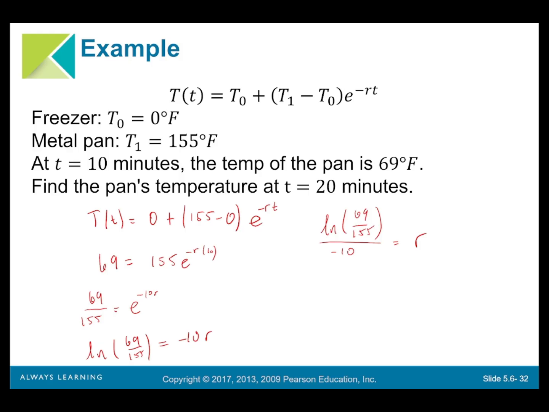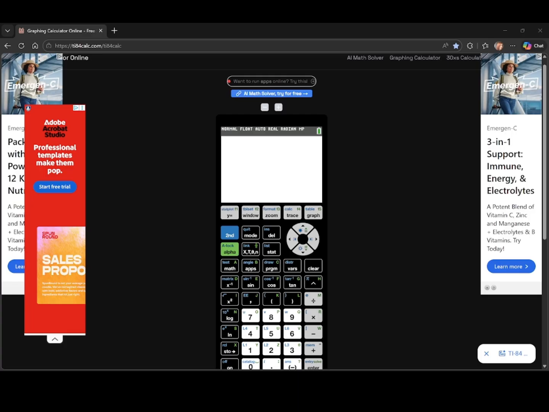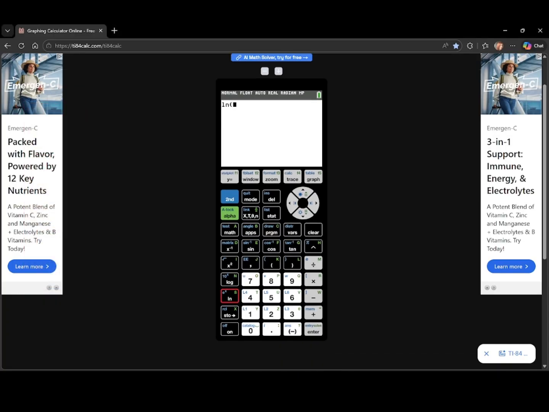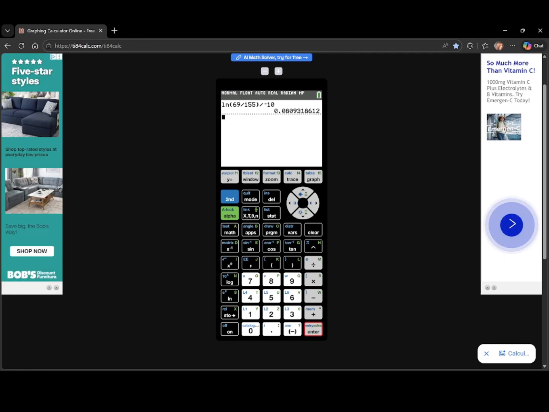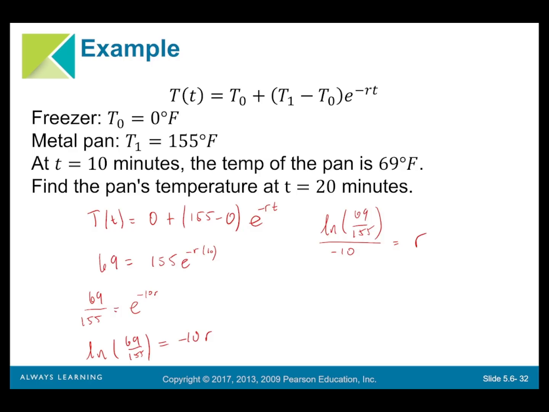Let's jump to the calculator, give this a try. So here we have ln of 69 divided by 155, close parentheses, divided by -10, and we get 0.0809. Back to the slides.